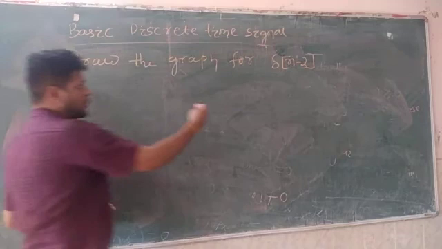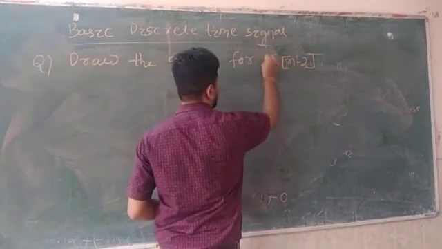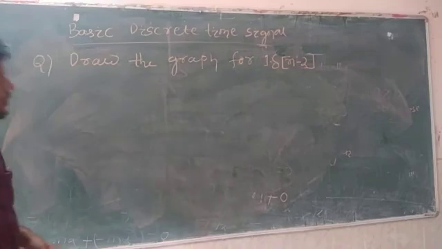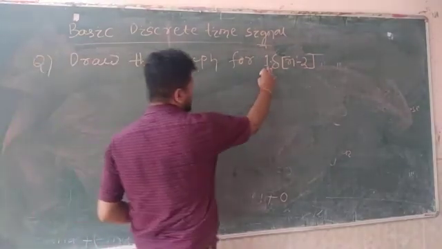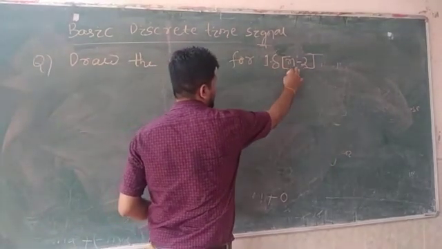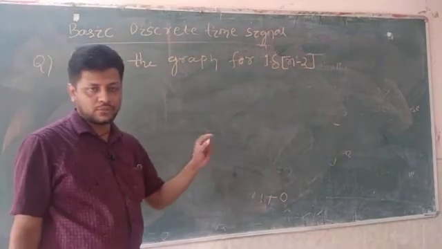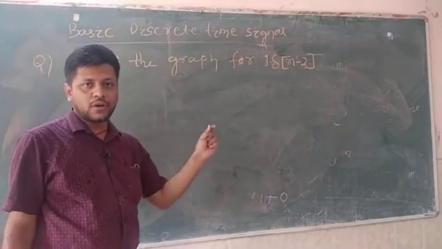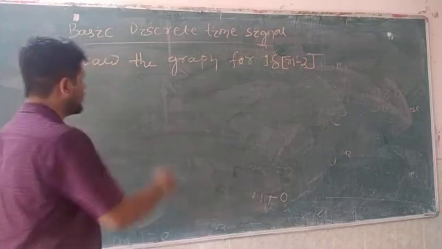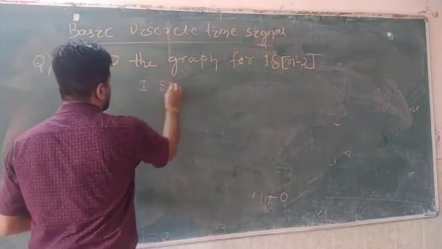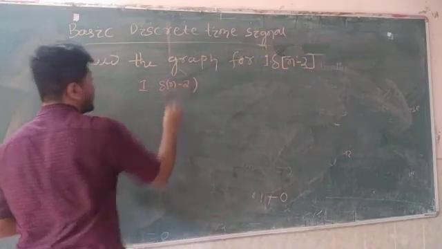Here nothing is present, which means we assume the area is 1. When the area is 1, we have to see the bracket, n minus 2. I have already told you that when you want to define it mathematically, first you need to look here. The given question is 1 into delta of n minus 2.